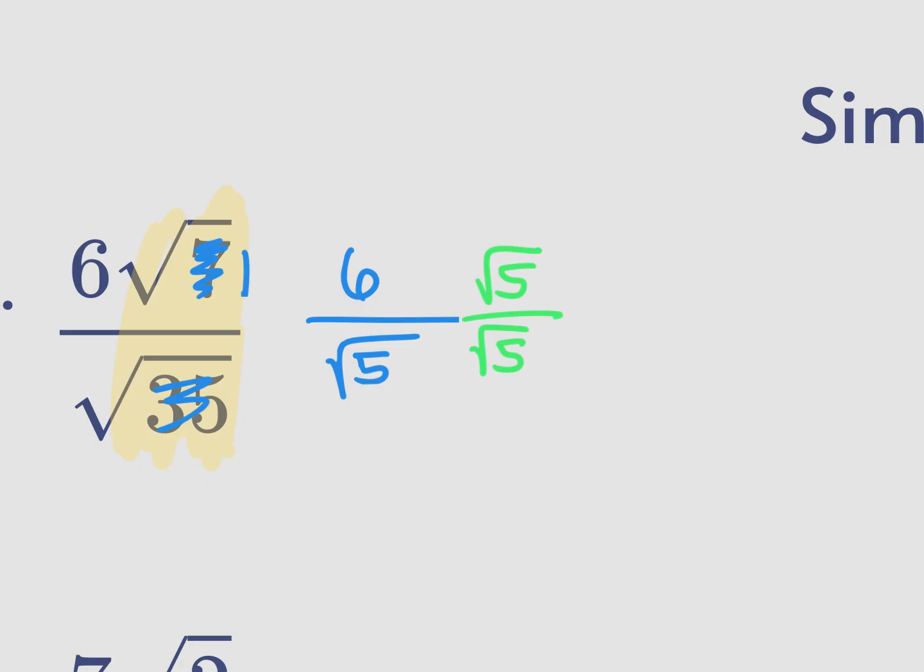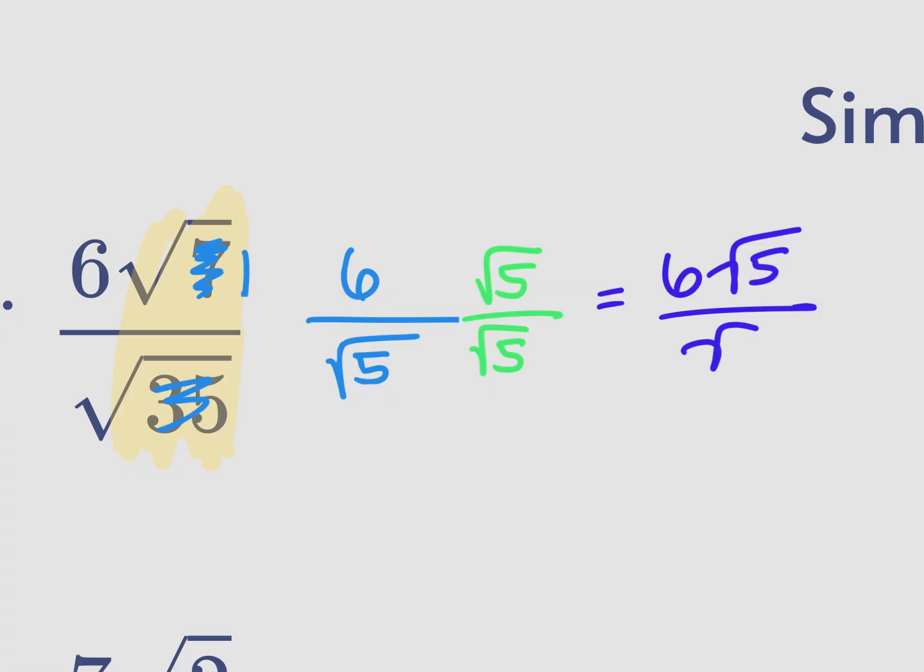So when I have something on the outside and something on the inside, how do I write it? 6 times x, how would I write it? 6x. So if I have 6 times the square root of 5, I have something on the outside of a radical and something on the inside. How do I write it? You just stick it together. 6 times the square root of 5. And now on the bottom, what is the square root of 5 times the square root of 5?